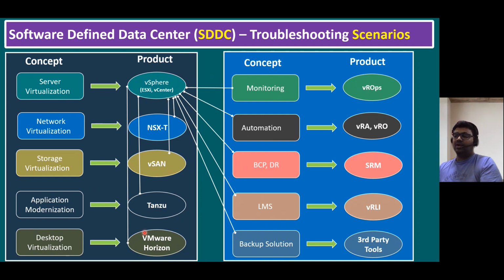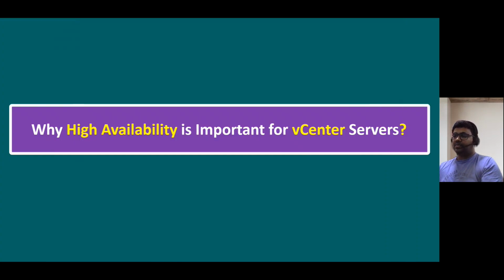Definitely there will be impact for all the scenarios. So we should be aware, vCenter should always be available, and we need to provide high availability. High availability means continuous availability for our vCenter server. That's where our VCHA concept is coming. Okay, I will explain VCHA in the following slide.